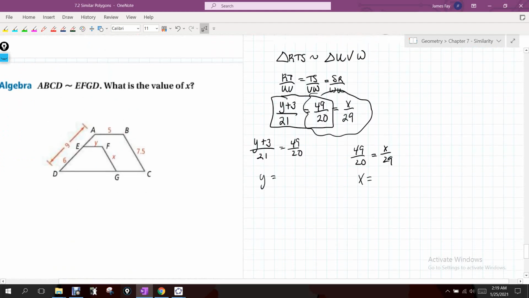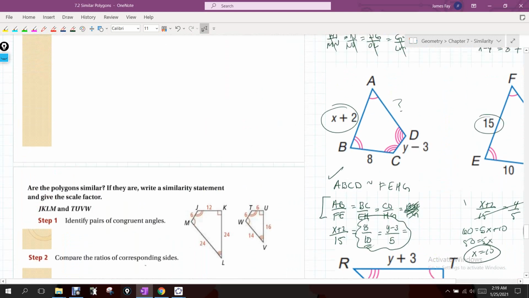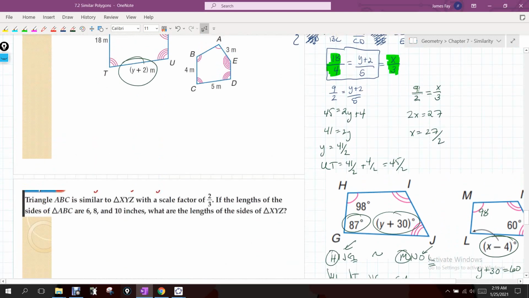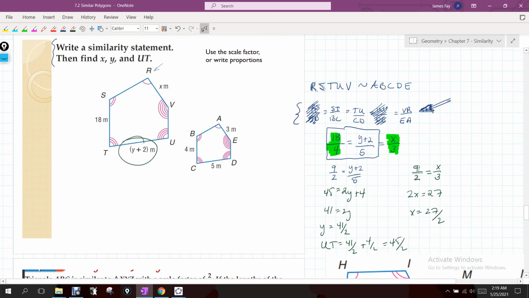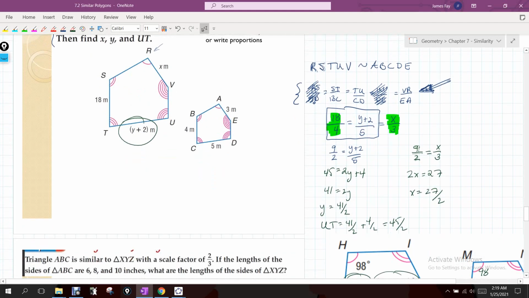So hopefully with those examples, you get a good hang of practicing these similarity statements, practicing the proportional statements, and then plugging things in, substituting to arrive at values for unknown variables.